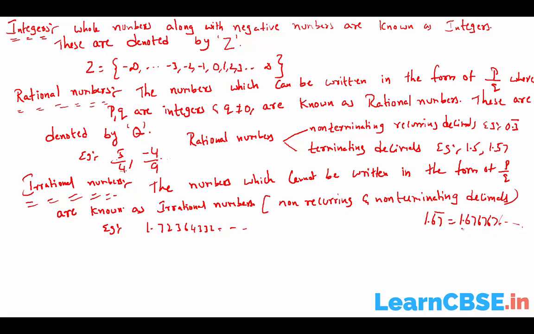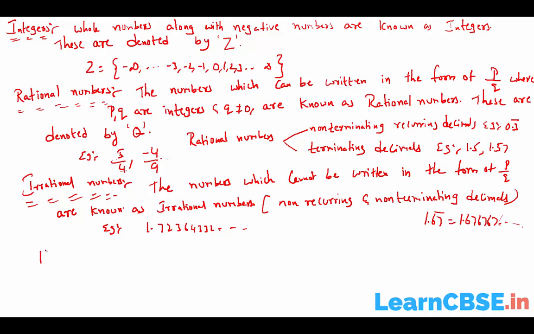You can say what number comes after 7. So these numbers are called recurring and non-terminating decimals. So we have such a pattern for this, but here there is no pattern, so that's why these numbers are called irrational numbers.